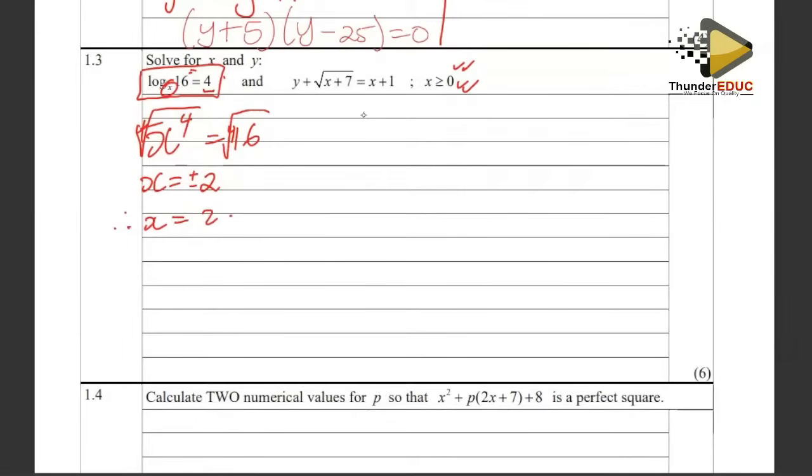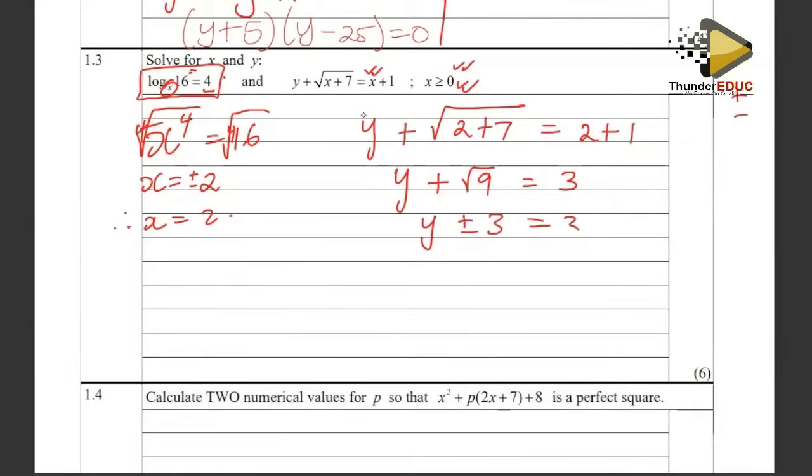Then I'm going to substitute this x into the second equation and say that y plus the square root of 2 plus 7 should give us 2 plus 1. So y plus the square root of 9 should give us 3. But we know that the square root of 9 is positive or negative.